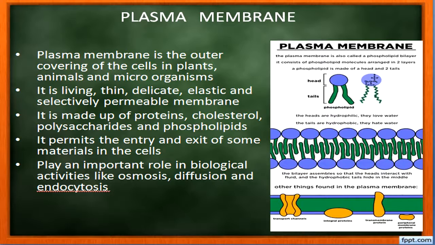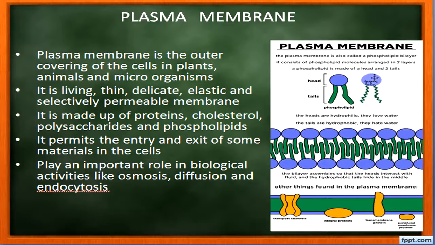If you take endocytosis, you would have learnt about nutrition in amoeba, isn't it? How amoeba gets its food. If it wants to engulf the food nearby, it will put out its plasma membrane as two pseudopodia and engulf the food, and a food vacuole will be formed within the amoeba, isn't it?